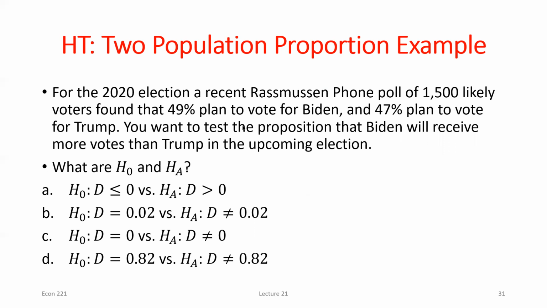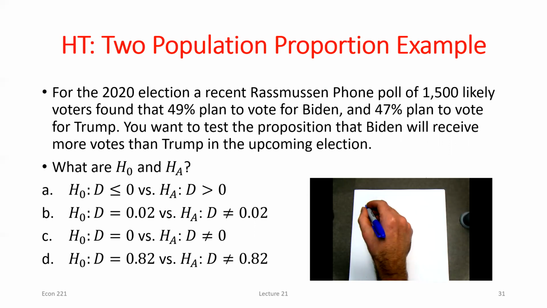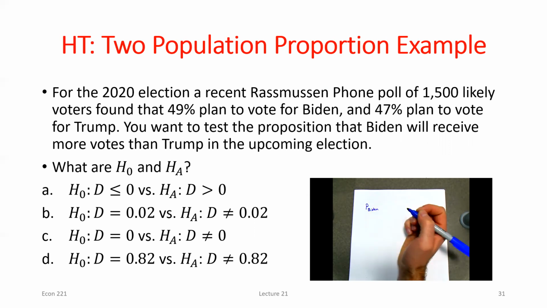Here we want to say, did Biden get more votes than Trump? So if it's easier to think about it this way, I could say, is the proportion of people who are going to vote for Biden greater than the proportion of people who are going to vote for Trump?